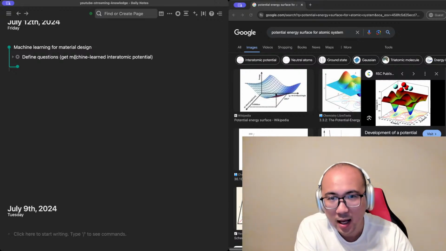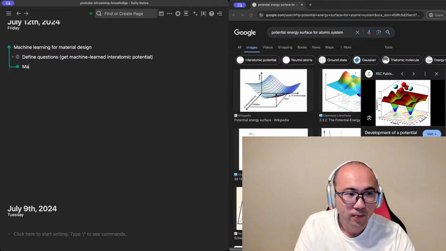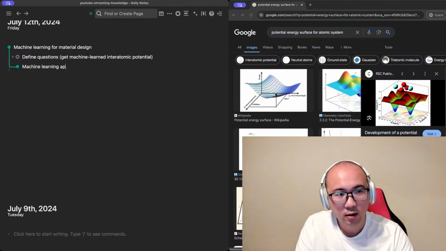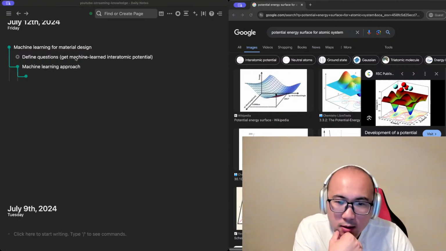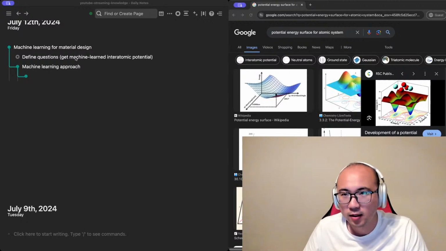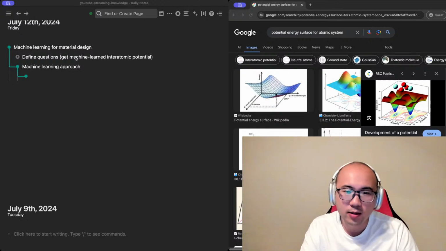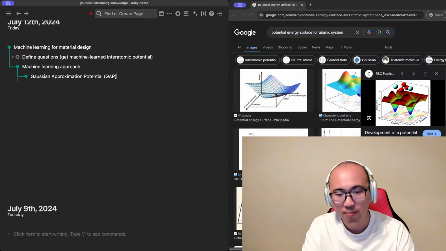Next we want to look at the machine learning approach. Right now, I think two things are important. One is the Gaussian approximation potential, what we call GAP.